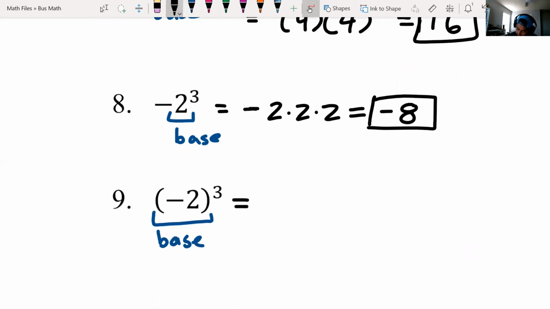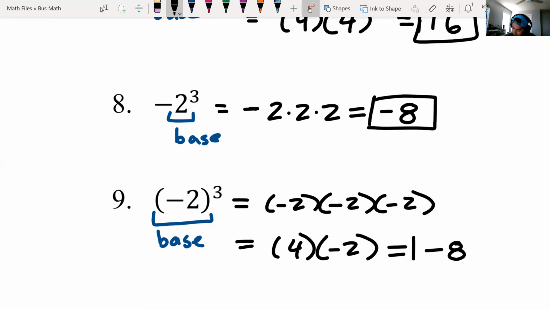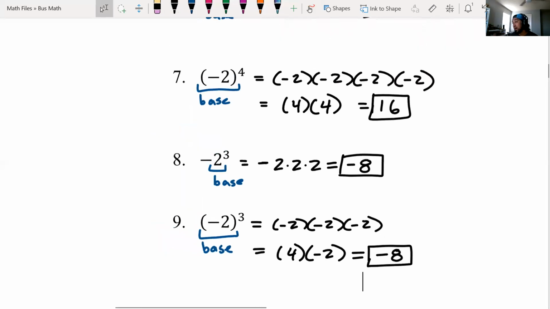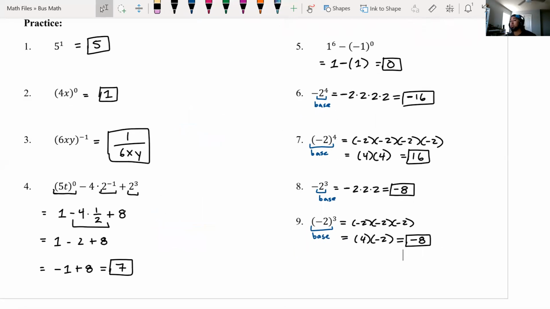And this becomes -2 times -2 times -2. Simplify it. -2 times -2 gives me 4. 4 times -2 gives me -8. All right. So we get the same answer, even though the bases are different. So just be careful with the notations. All right. Any questions on that page?